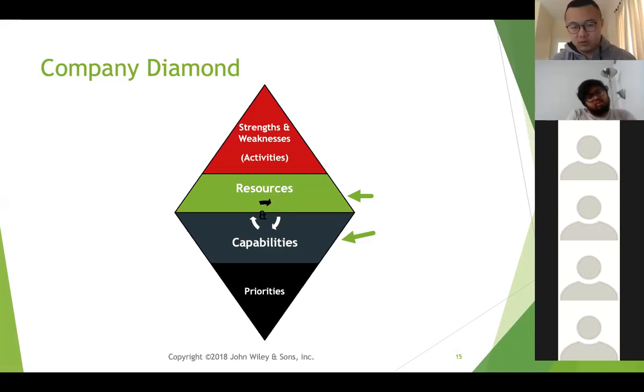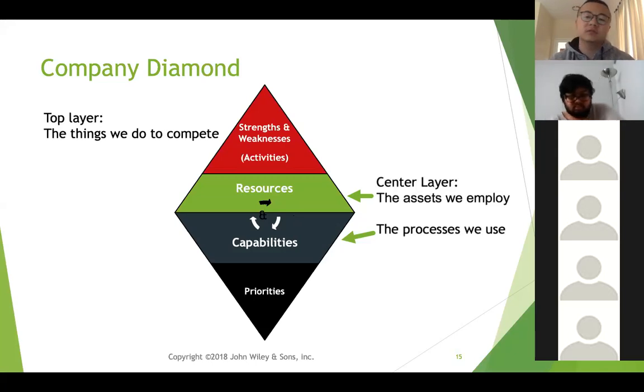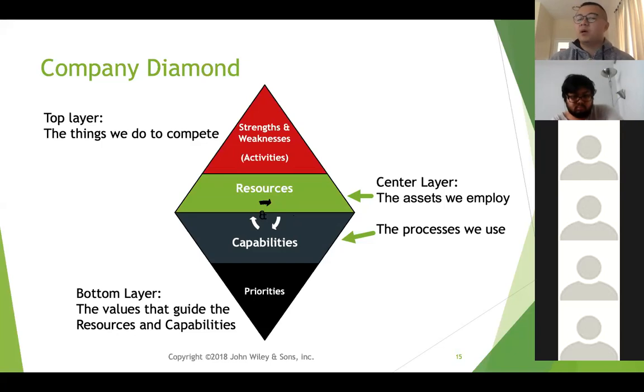Also, diamonds have different layers: top layers, center layers, and bottom layer. So you can think about why they call it diamond this way, or memorize the company diamond this way.